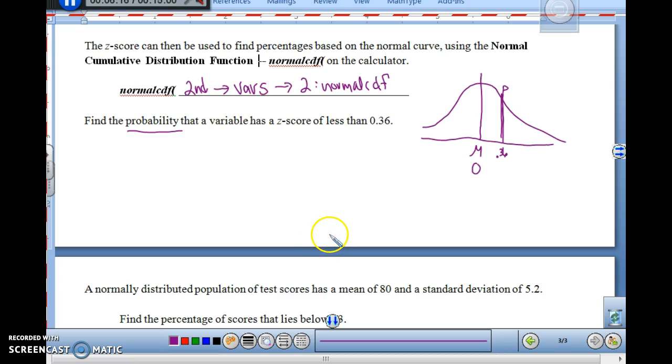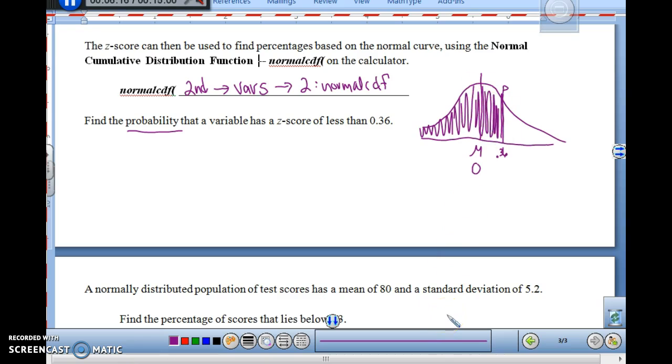Now find the probability that a variable has a z-score of less than 0.36. On a normal curve, the probability of finding that value is found by the area under the curve. That's what the normal CDF, the normal cumulative distribution function, measures: the area under the curve between points. A z-score of less than 0.36 would be any score that falls on the normal curve all the way up to 0.36.